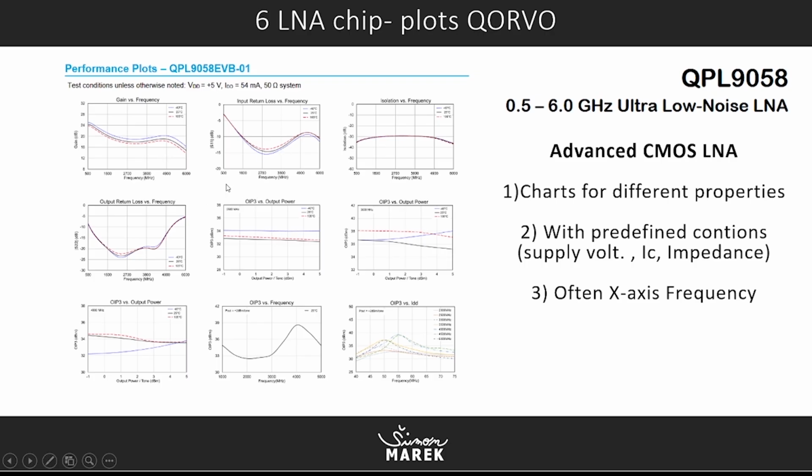You don't need to care that much about other charts unless you're facing some problem and need to debug your chip. There is also some condition for which it is measured. The supply voltage is 5 volts, the current is 50 milliamps, and it's a 50 ohm matched system.